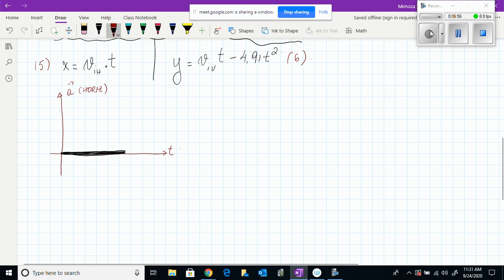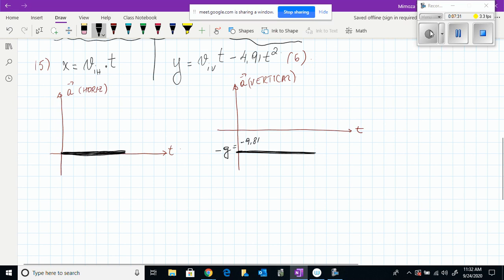But if we move to the acceleration in the vertical axis versus time, the acceleration will be negative g, which near the surface of the Earth is negative 9.81 meters per second squared. So the graph of the acceleration will be like this.